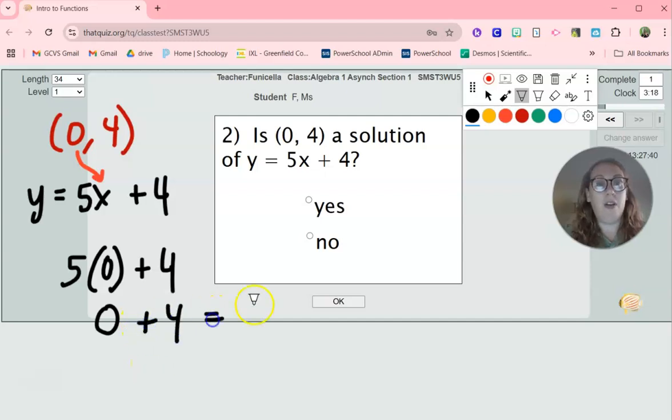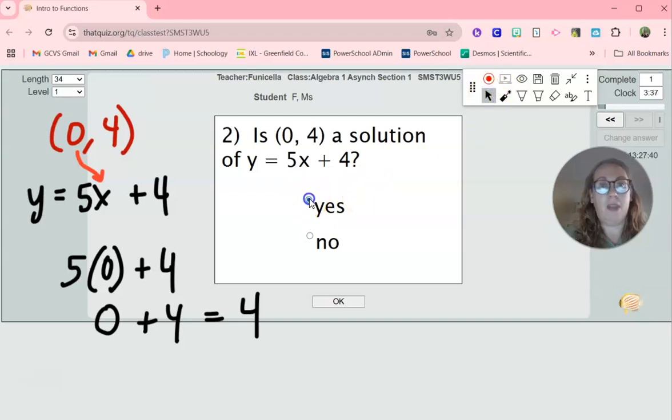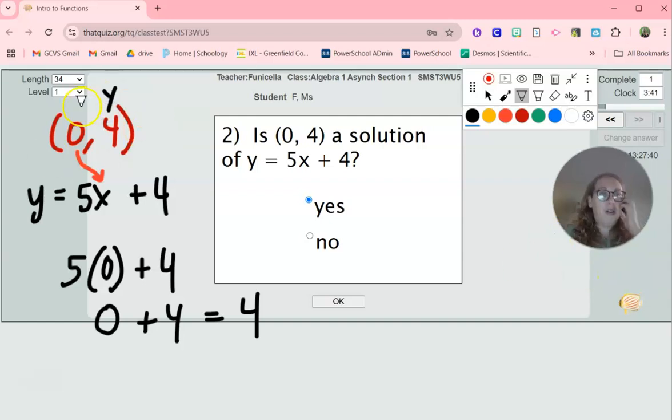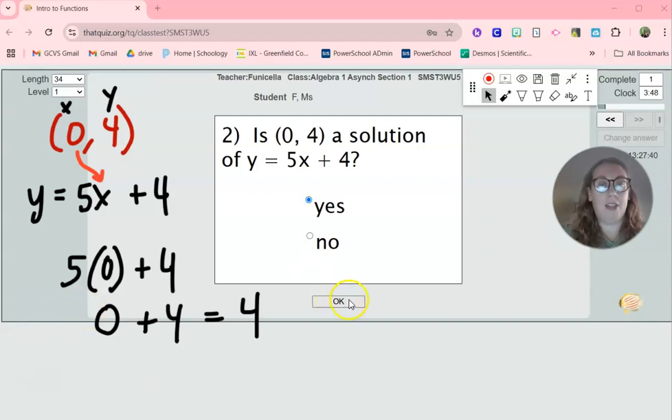And then we add 4 and we get 4. So when we plugged in a 0, 0 plus 4 is 4. So yes, this is also true because that is the output that we got there, (0, 4). Our y value is 4. Okay. Go ahead and push to slide 3 when you're ready.